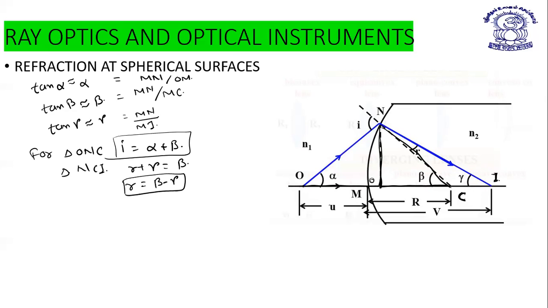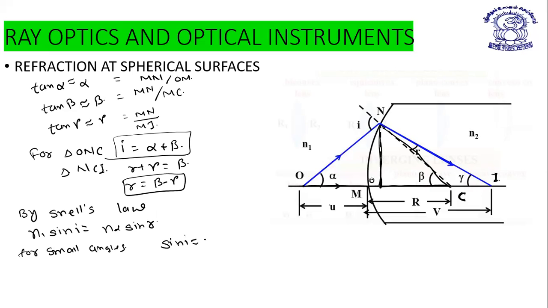Now, at the point of incidence, we will apply Snell's law. By Snell's law, N1 sine i is equal to N2 sine r. For small angles, we can write sine i is nearly equal to i and sine r is nearly equal to r.